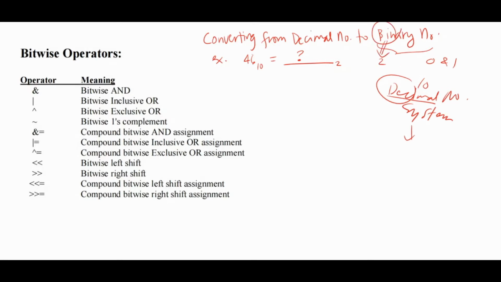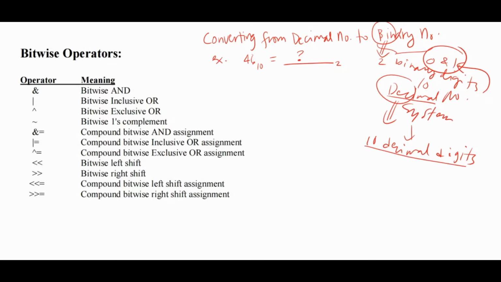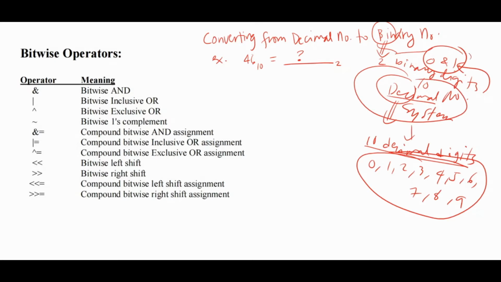So the binary number system has two binary digits, 0 and 1, while the decimal number system has 10 decimal digits: 0, 1, 2, 3, 4, 5, 6, 7, 8, and 9.